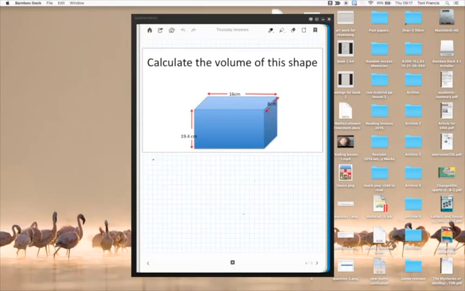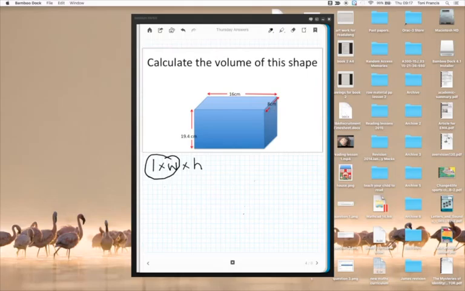Volume is length times width times height, or the area, which is length times width, times height. Now I've got some tricky numbers here. I've got 19.4, 16 and 8.